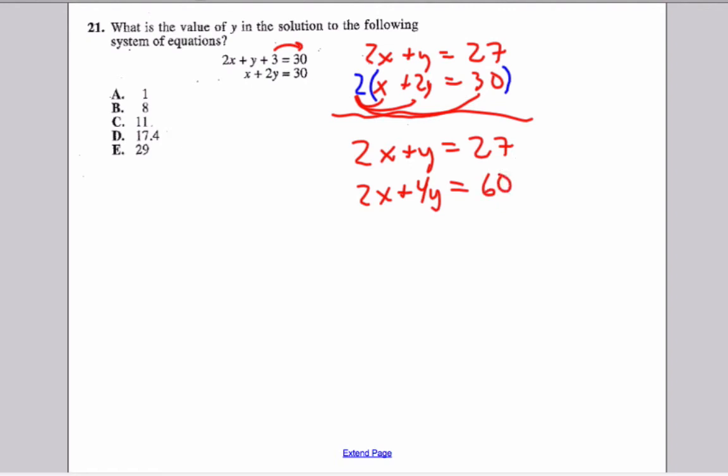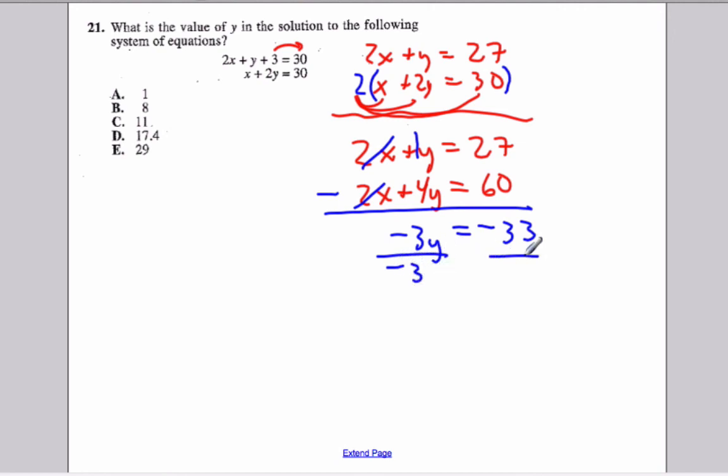Now, how can we get the x's? I see these are the same, so how do we get the x's to cancel? By subtracting. Because 2x minus 2x is 0x. They cancel each other out. But then you need to do that for everything. Y minus 4y, this is like a 1, gives me minus 3y, 1 minus 4, is equal to 27 minus 60, which is minus 33, and then divide by minus 3.